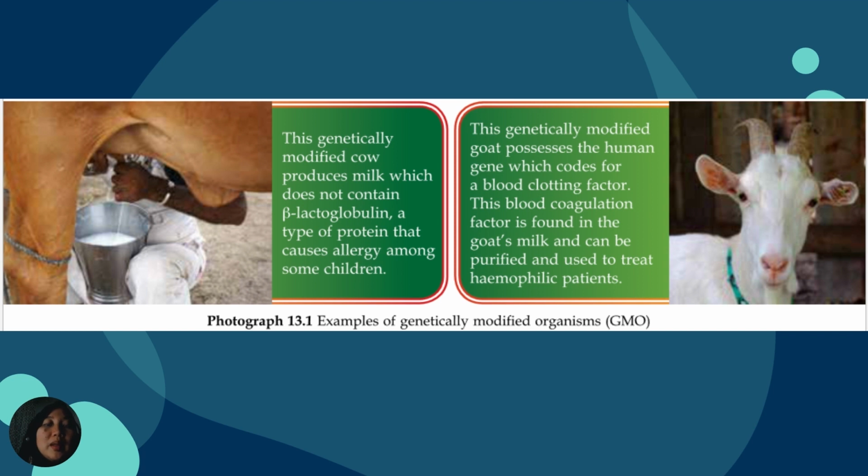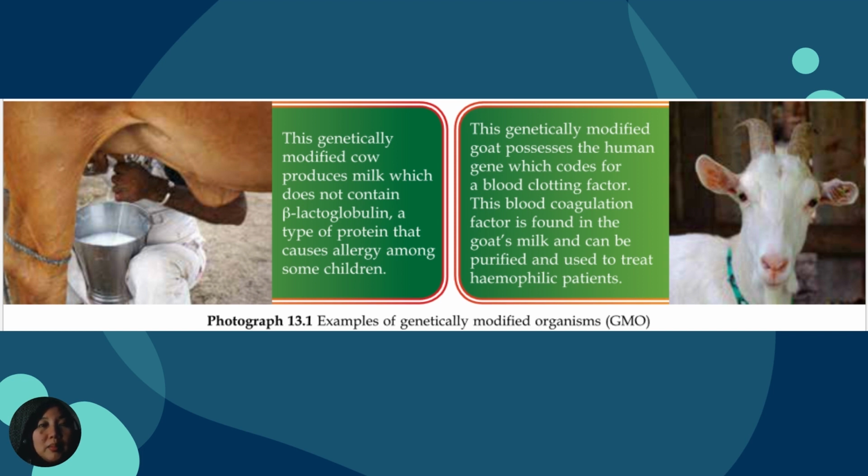The normal cow milk contains beta lactoglobulin, and some children cannot drink it because they're allergic to this protein. But scientists have modified the cow so it will produce milk that doesn't contain beta lactoglobulin. When that happens, many children can benefit from the milk.